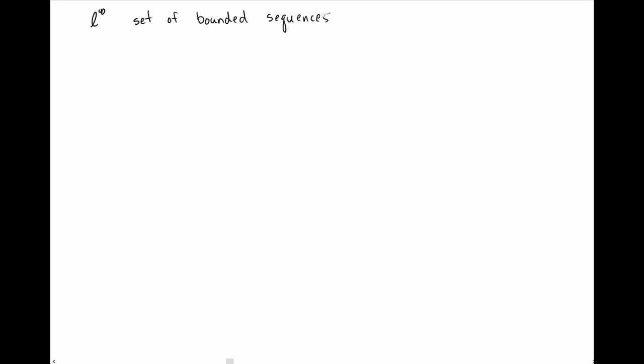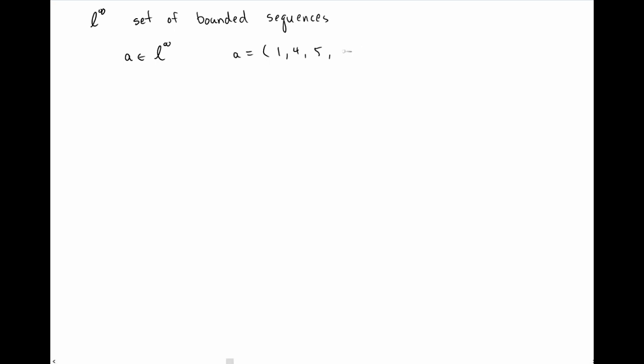So I guess it's more precisely a set of bounded countable sequences. But for an example, if A is an element of L infinity, we can write A as an ordered pair, a tuple, just some sequence, right?